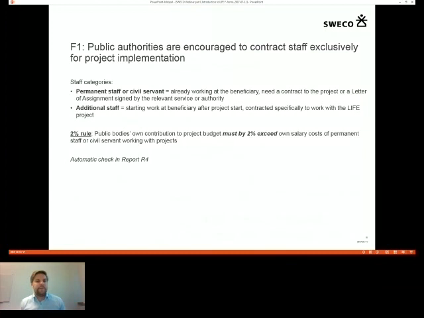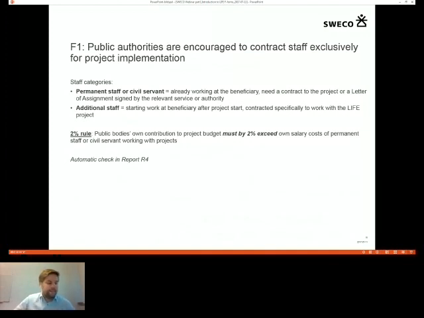There are 2 different staff categories here, and many of you have questions in this regard. There are the permanent staff and the civil servants. This means people that are already, for example, when you're writing the application, working at the beneficiary, at the region or at the municipality, who want to work with the project, and therefore they can do so either 100% of their time or a little bit less.